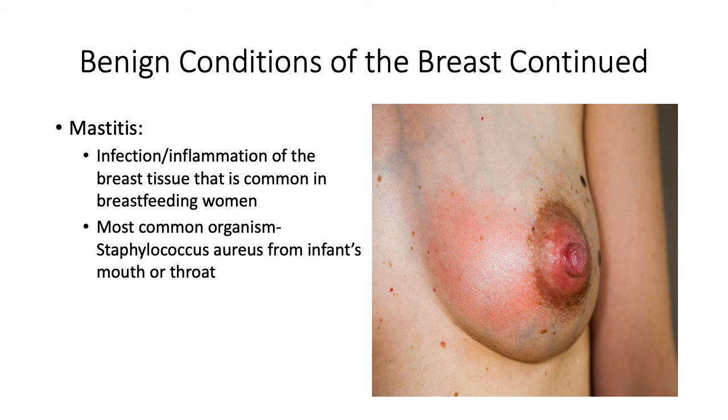Mastitis is the infection or inflammation of the breast tissue that is common in breastfeeding women. The most common causing organism is Staphylococcus aureus from the infant's mouth or throat.